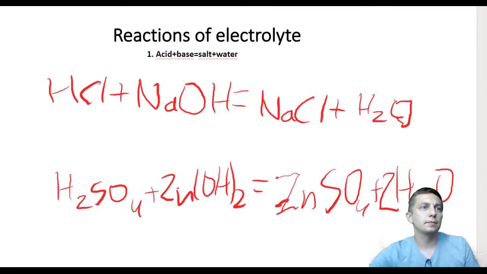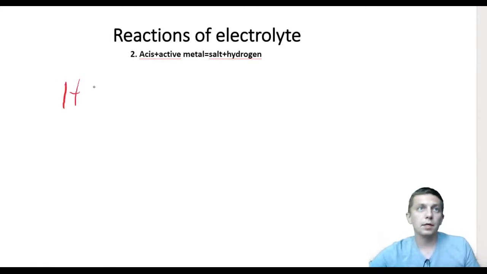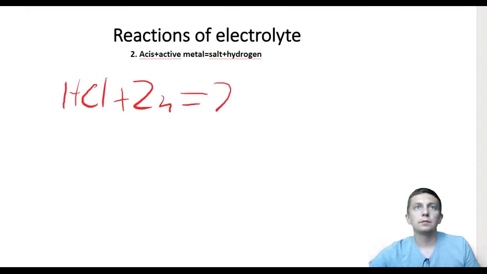Second type, active metal reacts with acid and forms salt and hydrogen. For example, HCl reacts with zinc, forming salt, ZnCl2, plus hydrogen.